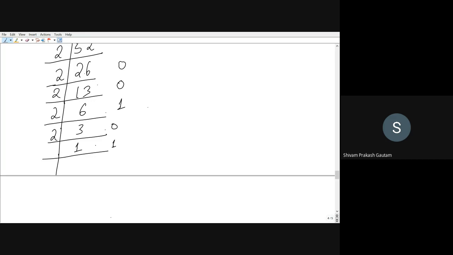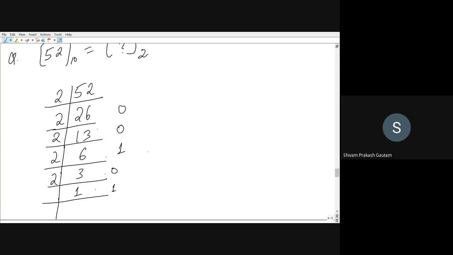Now we have reached a state where we cannot divide by 2 any further. So what will be the equivalent binary number? This is the MSB, the most significant bit or most significant digit, whatever you want to call it.